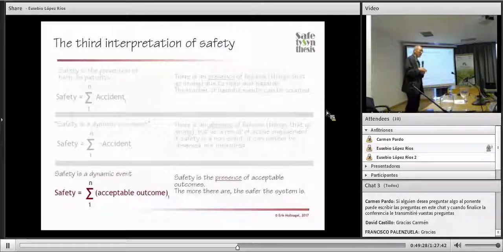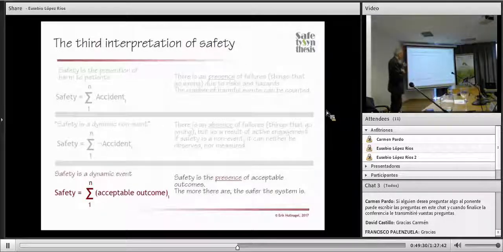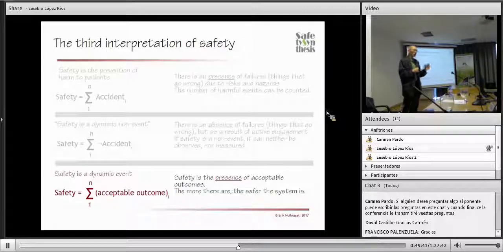And of course, this leads naturally to the third interpretation of safety, which is taking Karl Weick's clever definition again, but instead of saying safety is a dynamic non-event, we say safety is a dynamic event. Safety is something that happens, but it doesn't happen by itself. You have to work at it, you have to invest in it, you have to manage it, you have to understand it.